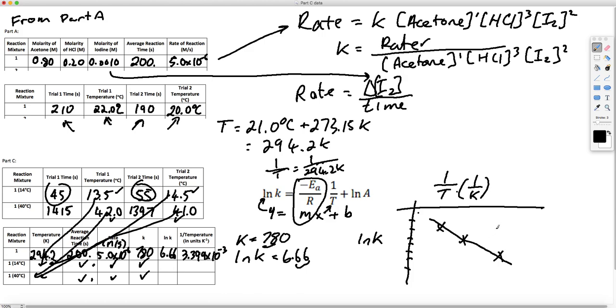Or if we're going to use a hand graph here, then what we would do is we would do this graph, and those 3 points are the points we're given. And these points here that I'm actually doing here are actually on the line of best fit.